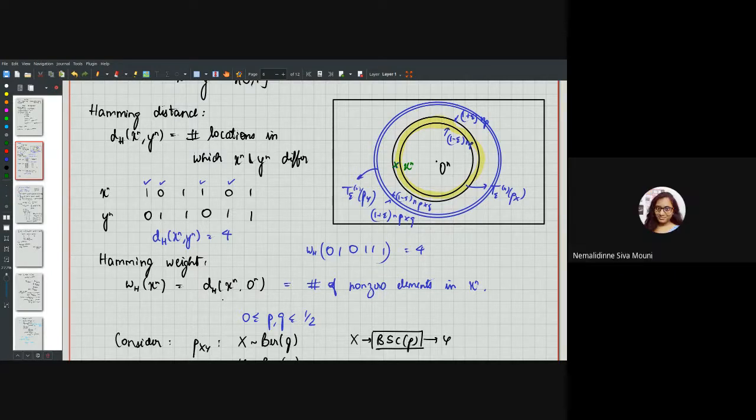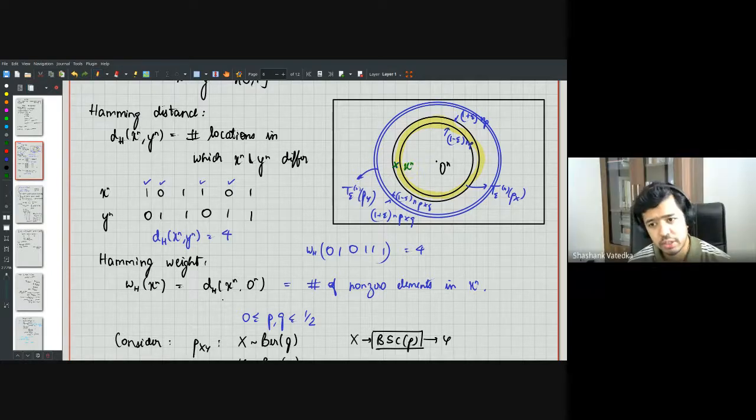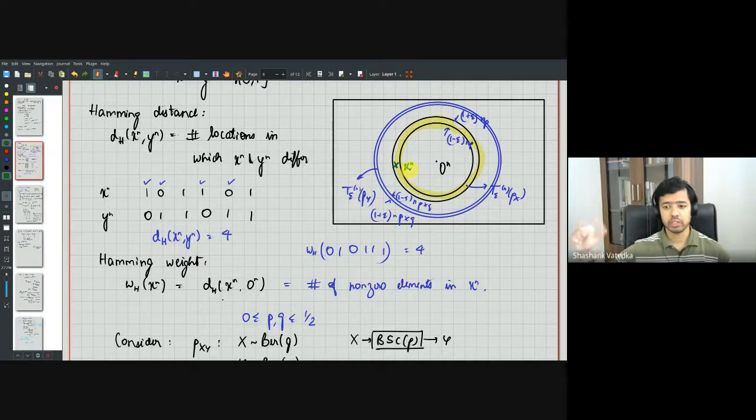Roughly n times p star q minus p, we can say, right, sir? Not really. So think about it. You fix an xn, and the Hamming distance is the number of locations in which xn and yn differ. You're taking xn and flipping each xi independently, so the Hamming distance is basically the number of locations in which xi was actually flipped.